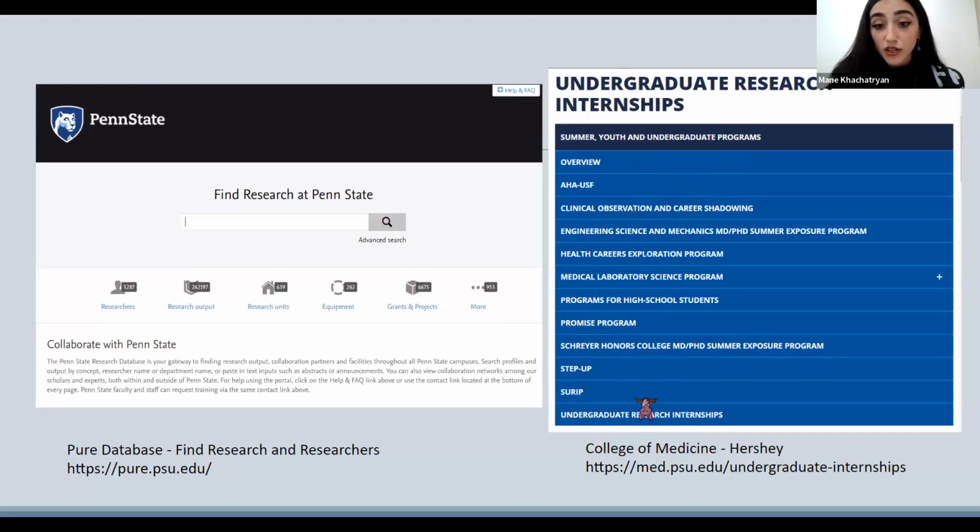There's Step Up, SURIP, undergraduate research internships. I think they had some clinical stuff here, I might be wrong. Even engineering sciences. So just look at whatever research institutions are near you, go to their websites, and I'm sure they'll have a section for undergraduate research, and just see what interests you, see what applies to you. There's even programs for high school students that doesn't apply to us anymore, but if you have a younger sibling.